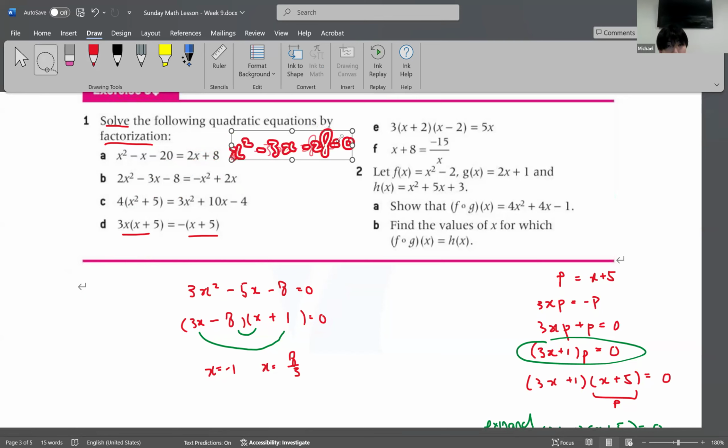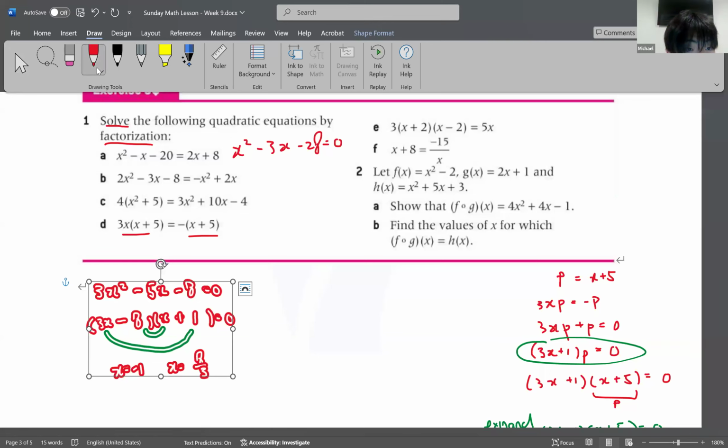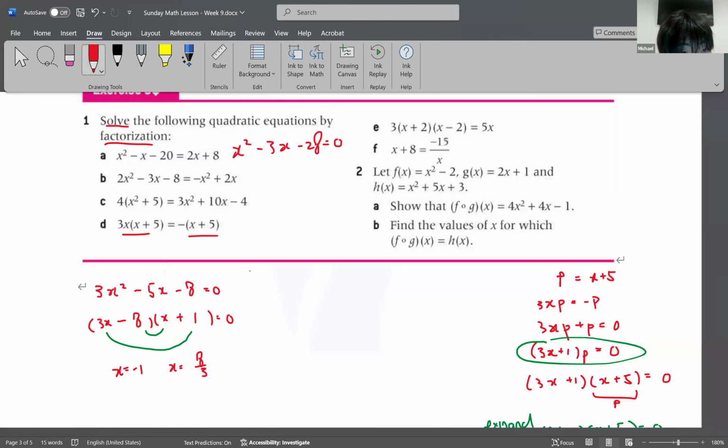What about C? Anyone? I got x equals 6 and x equals 4. Okay, honestly, I have no idea. That looks so complicated. Let's have a look. First of all, what I see is x squared, and x plus 5, x minus 5.